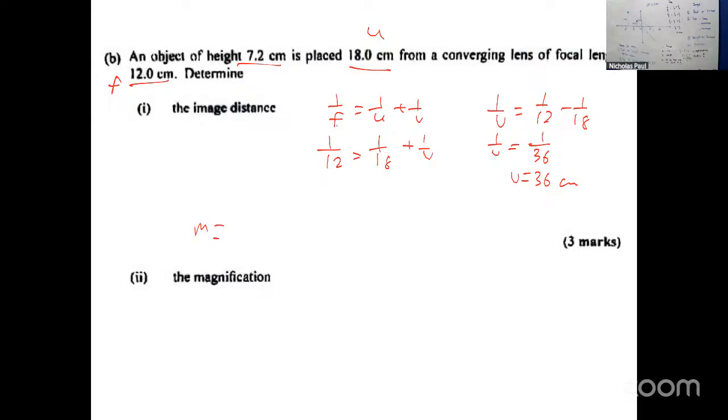How do we find magnification? Magnification is what? v over u. Nice. So that's 36 over 18, which is 2.